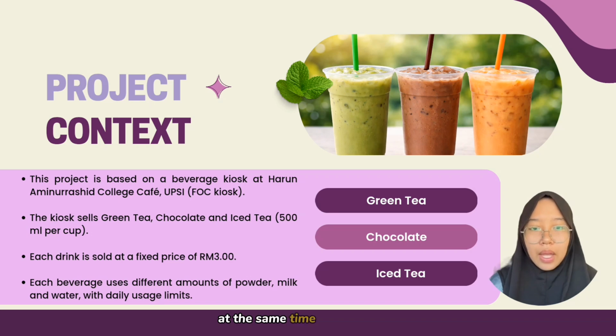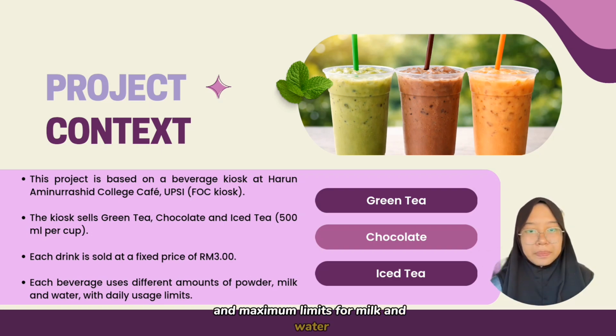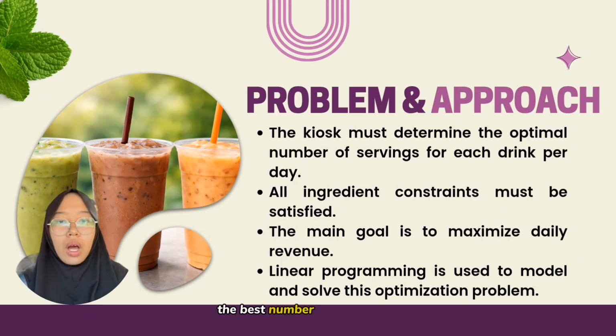At the same time, the kiosk must follow daily ingredient requirements such as minimum usage of powder and maximum limits for milk and water. Because of these limitations, the kiosk needs to determine the best number of servings for each drink that can be produced every day.